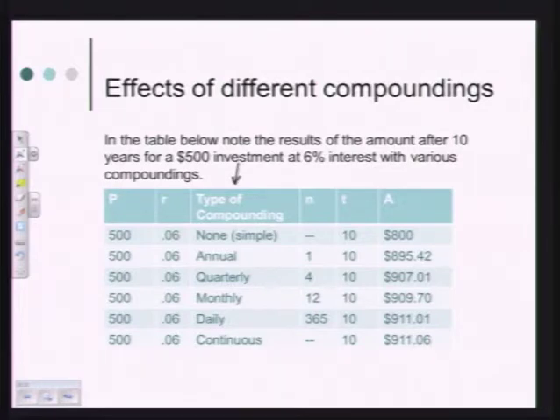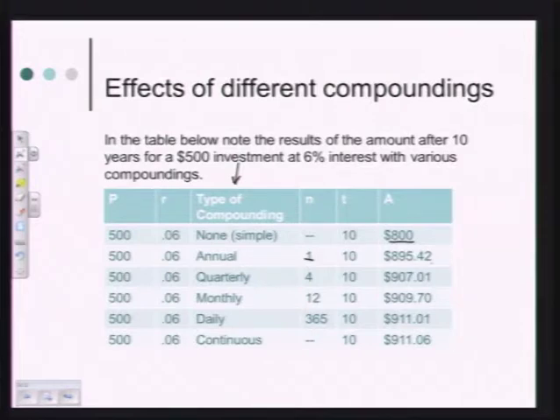If we have no compounding, we're back to simple interest. And remember, Bob's $500 at the end of 10 years with simple interest had become $800. When he asked for annual compounding, remember that means that n is 1. It's compounded once a year.